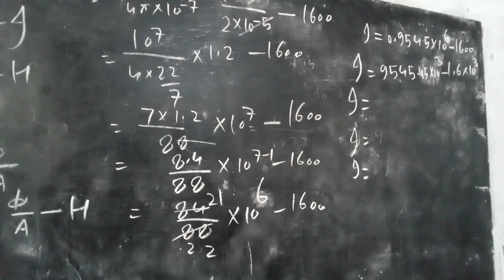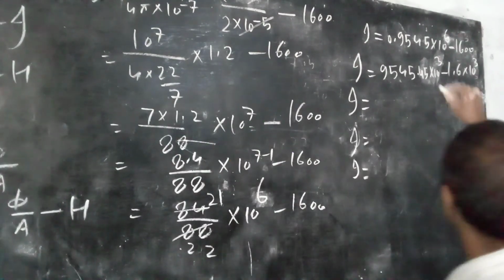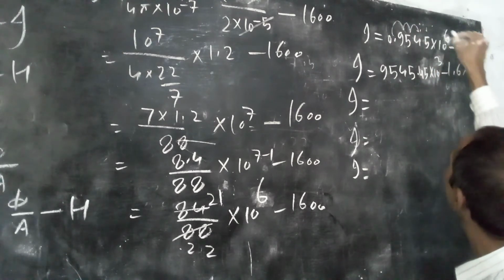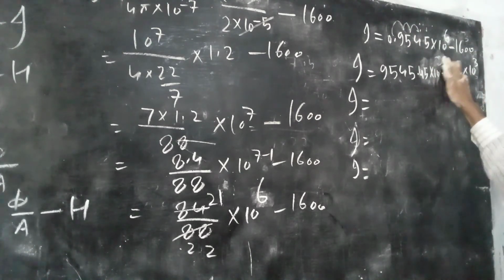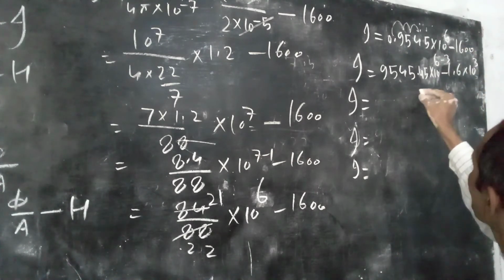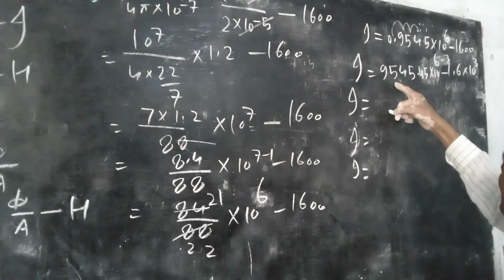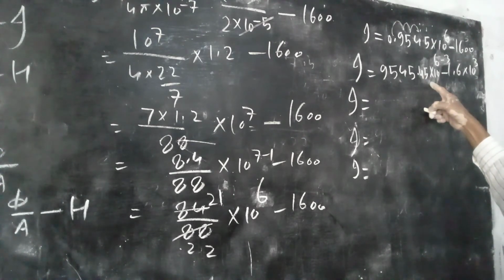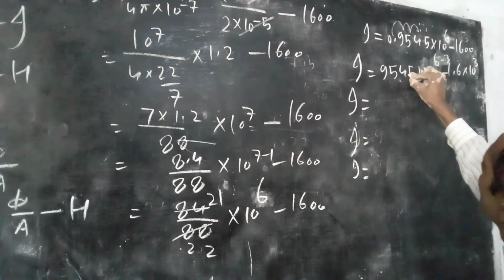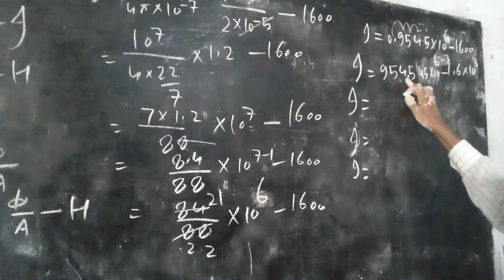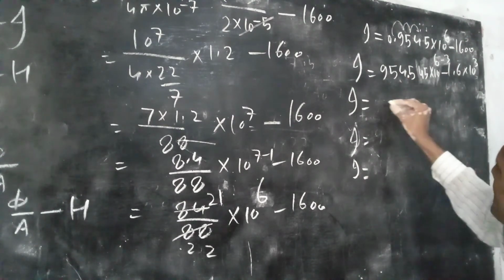Now we shift only 3 digits left, so when you shift 3 digits, then the power of 10 reduces by 3. So you get 9545.45, here the decimal is. Your decimal becomes after 4 then 5.